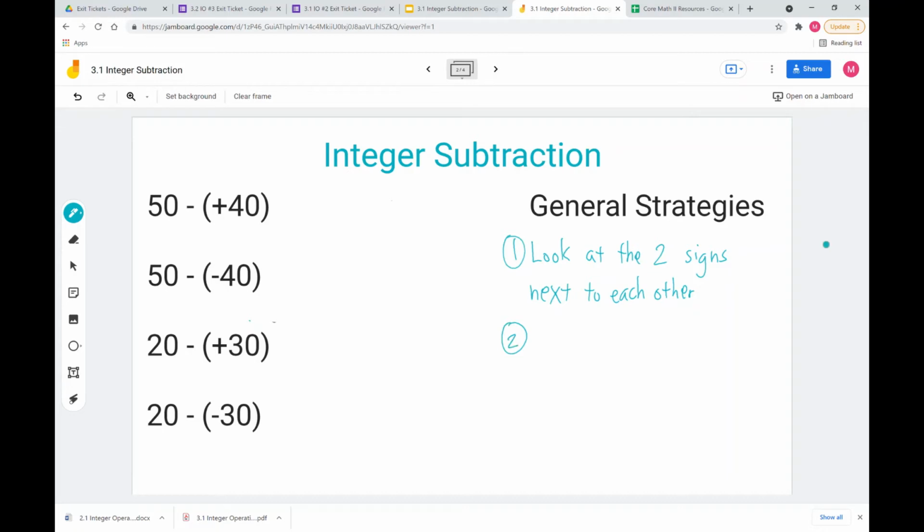After you look at the two signs next to each other, if the signs are the same, then the final sign will be positive. And if the signs are different, then the final sign will be negative.